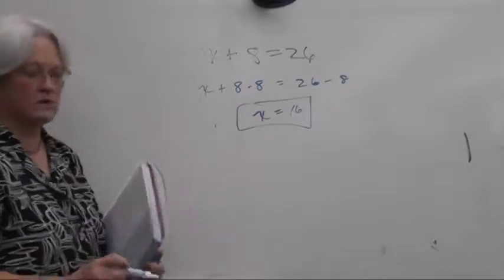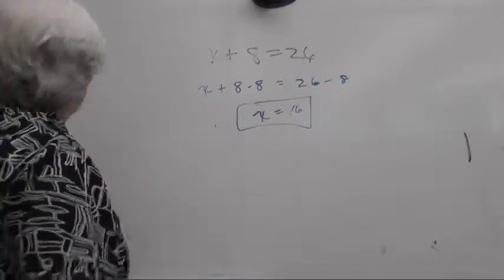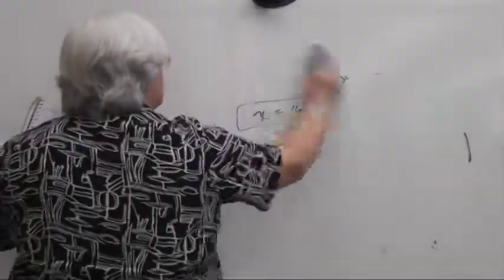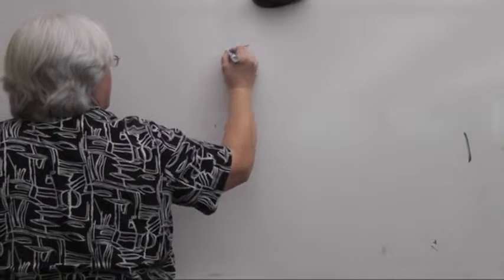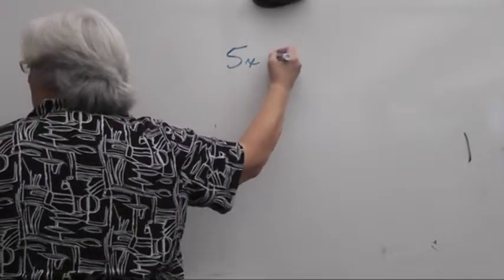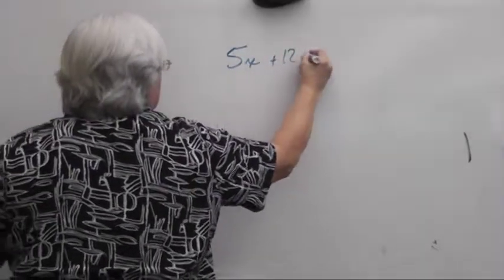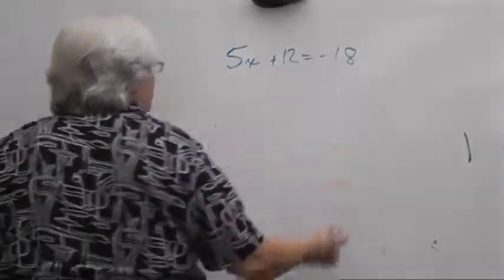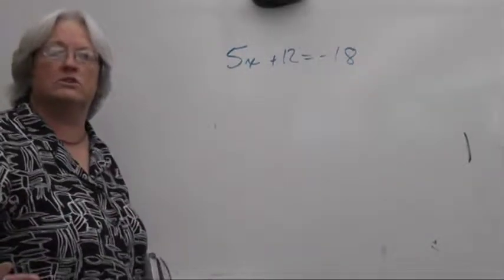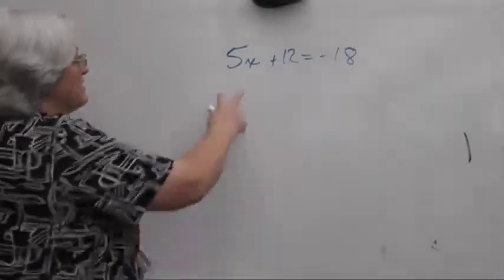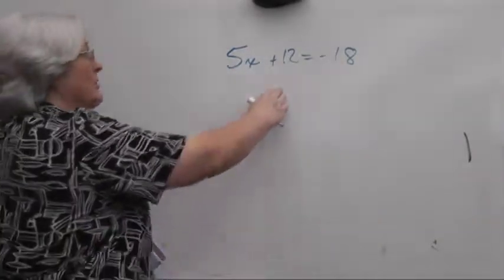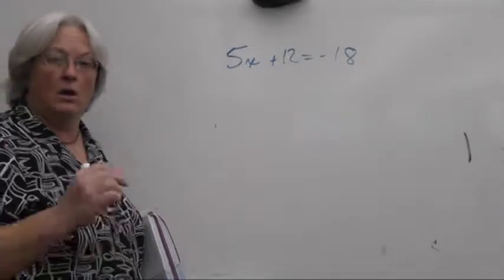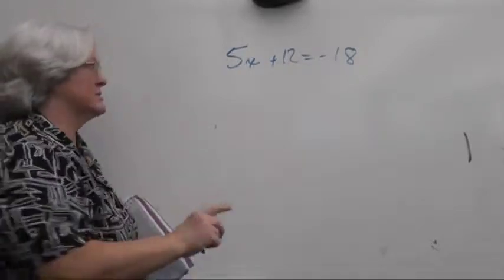The next equation that we want to demonstrate is, let's solve 5x plus 12 is equal to negative 18. When you're solving these equations, we don't care about 5x. All we're trying to do is figure out what 1x is.